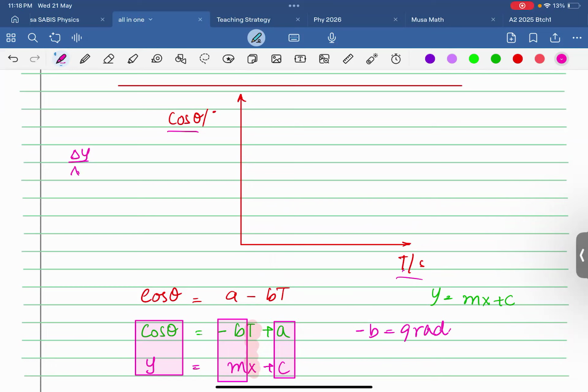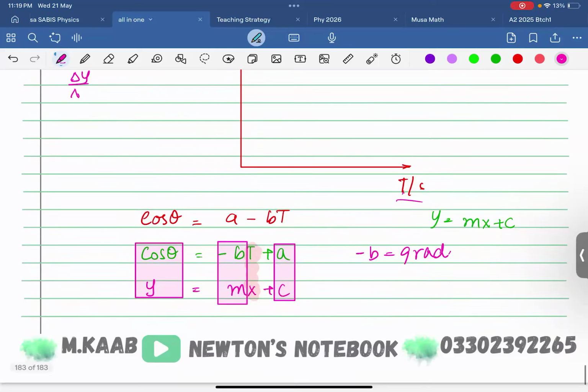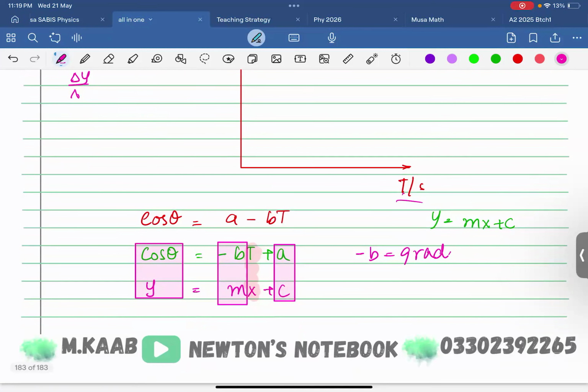Your change in y is cos theta, and theta in degrees has no unit, divided by time in seconds. So your gradient will only have the unit per second, because it is a division. So the unit will be second to the power negative one.